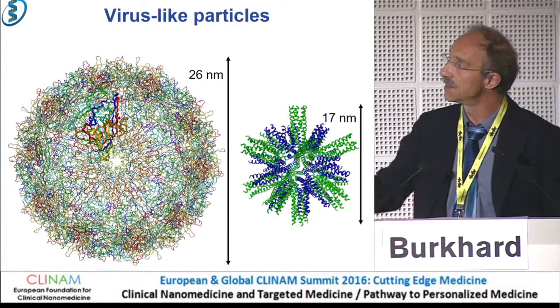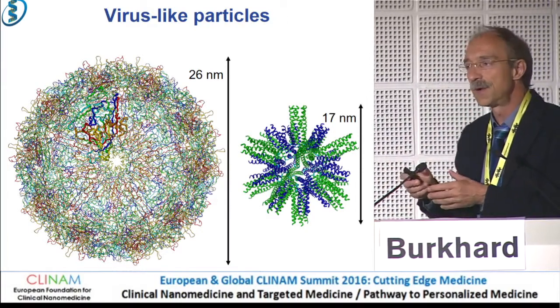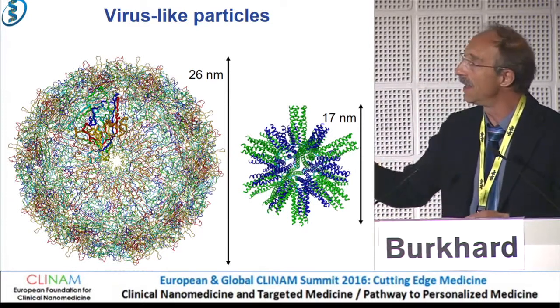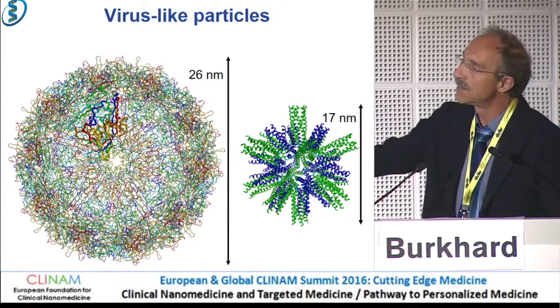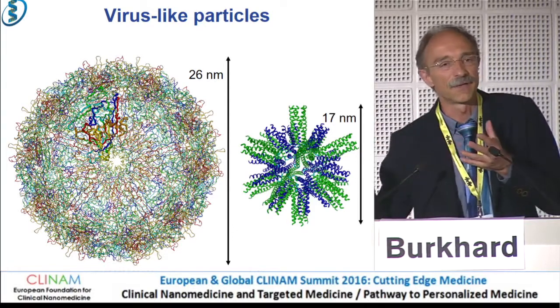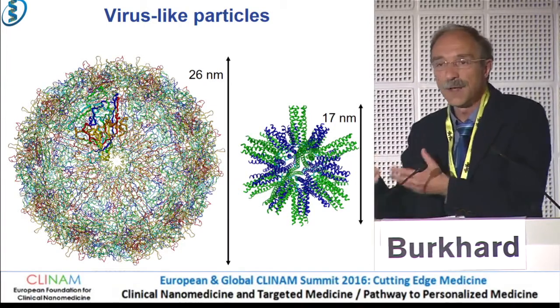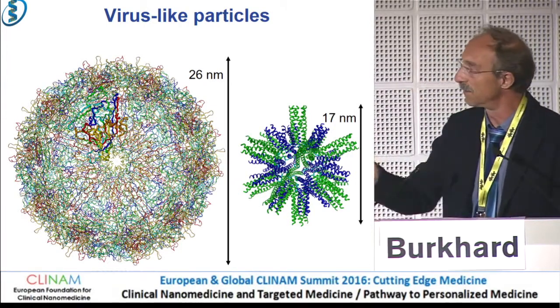The first one is the B-cell immune response. You get a very strong B-cell immune response when you repetitively display something on a nanoparticle surface. And basically, this means something looks like a virus, and a virus is an infectious agent. So if something looks like a virus, presumably it should also induce a strong immune response.